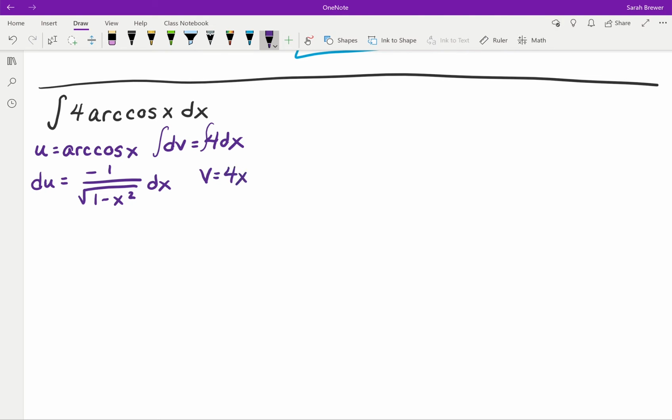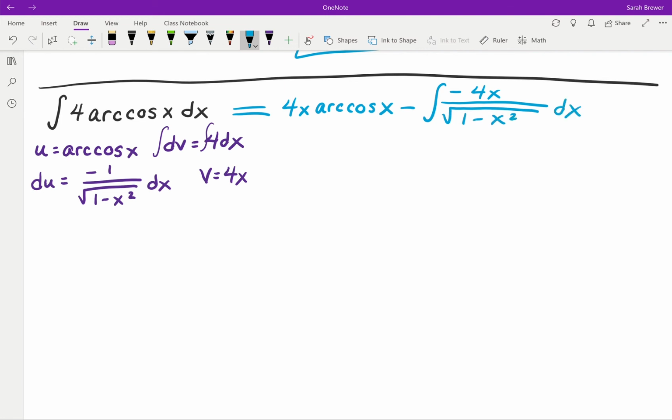All right, so then applying my integration by parts formula, integral of u dv is equal to u times v. I'm just going to go ahead and write that as 4x arc cosine x minus the integral of v du. So we're looking at negative, I'm just going to write negative 4x in the numerator over the square root of 1 minus x squared dx.